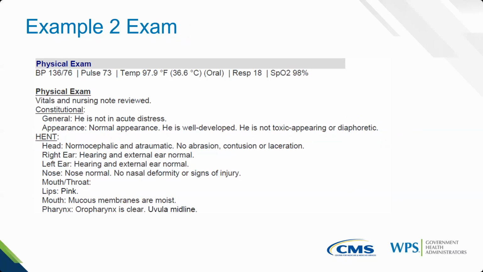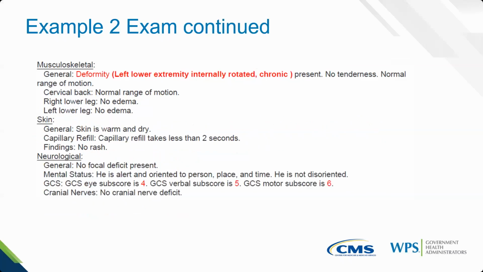They did take vitals for the patient, and all of those are within normal limits. They did a physical exam. They're indicating he's in no acute distress. He doesn't have anything that's going on for this particular encounter. Then we go into the exam, some more information.